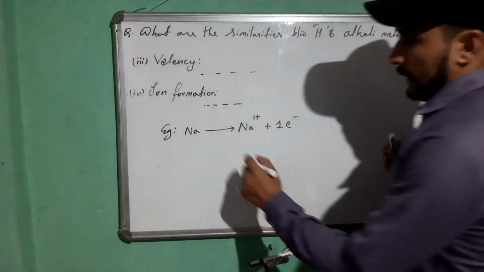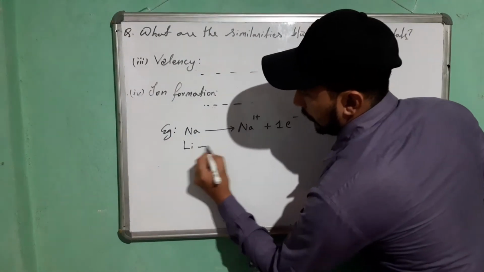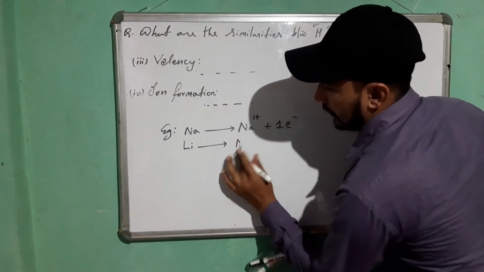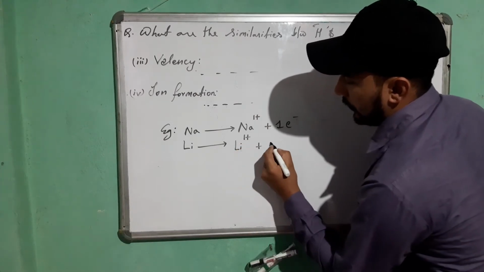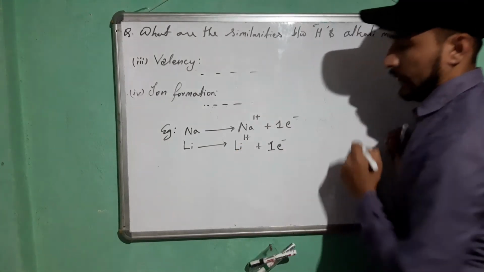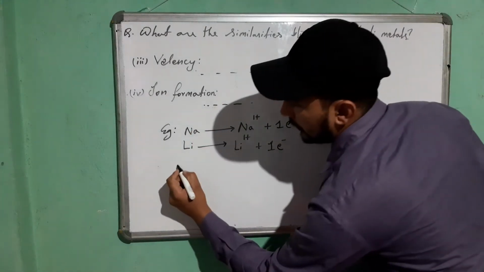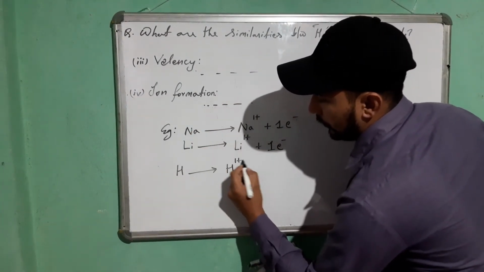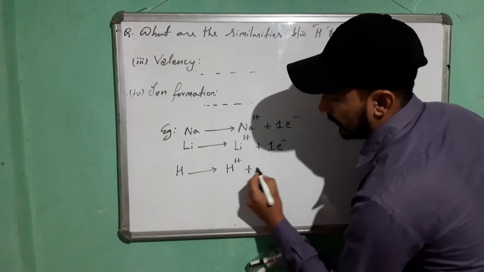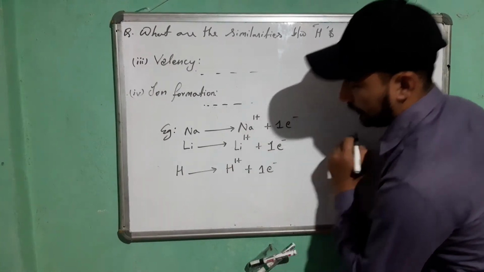Okay. Lithium also forms Li+ by losing 1 electron. In a similar manner, hydrogen also loses 1 electron and it forms hydrogen positive ion, H+.